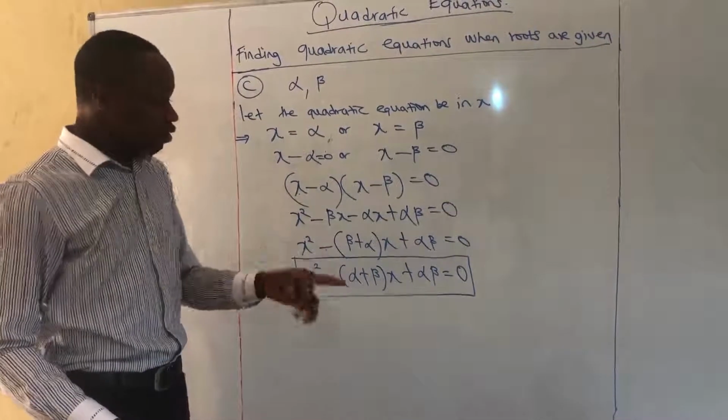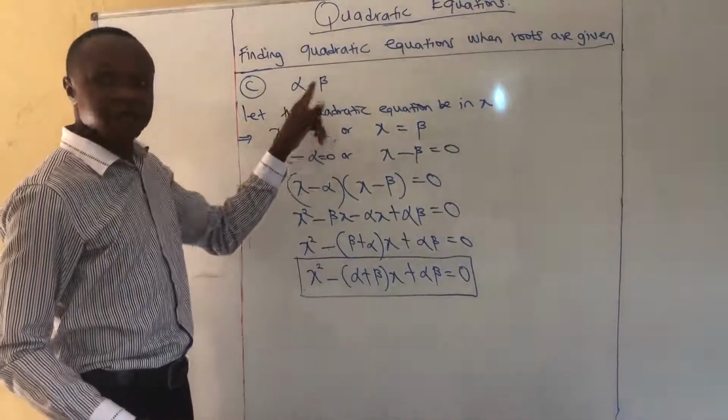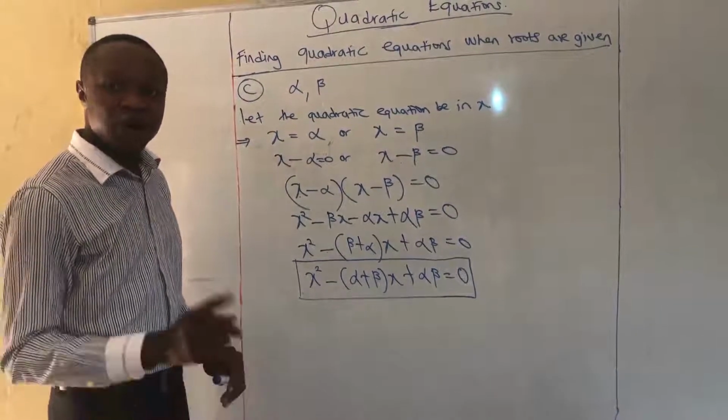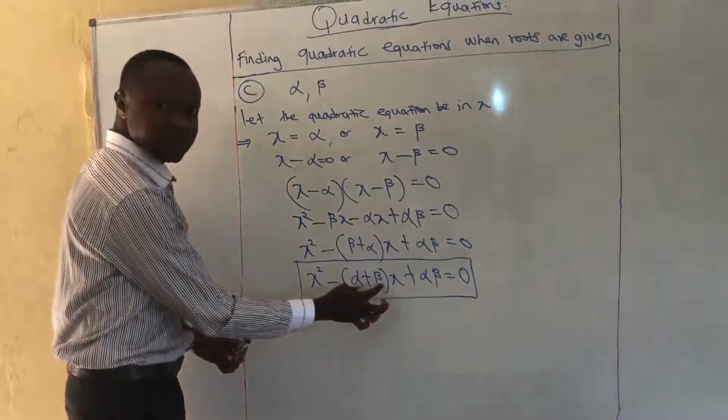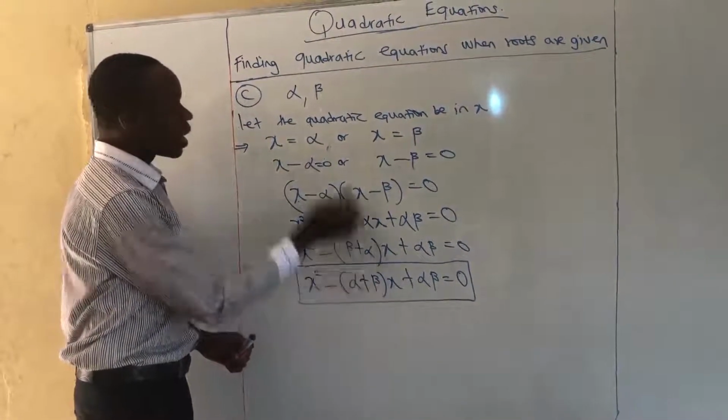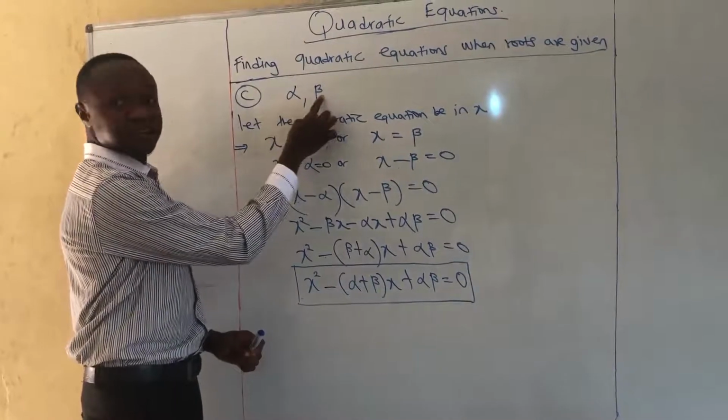So whenever you are given the roots of a quadratic equation and you are asked to obtain the quadratic equation, all you need to do from this equation is to add the roots. Alpha is a root, beta is a root.